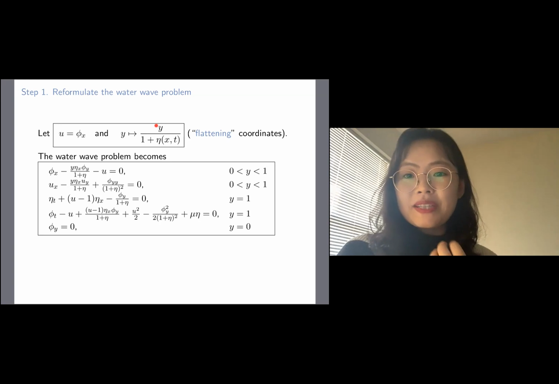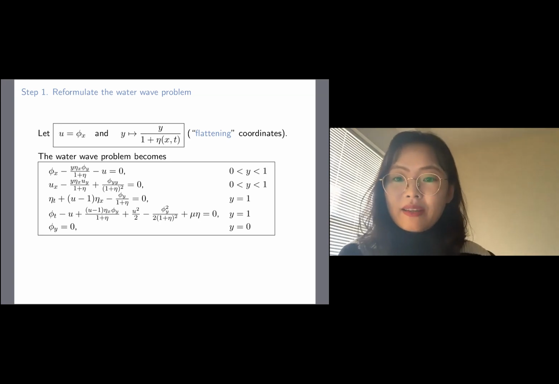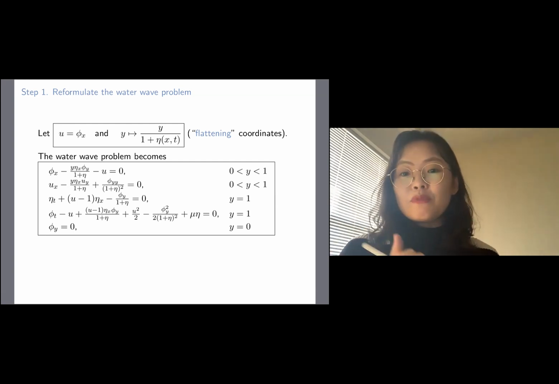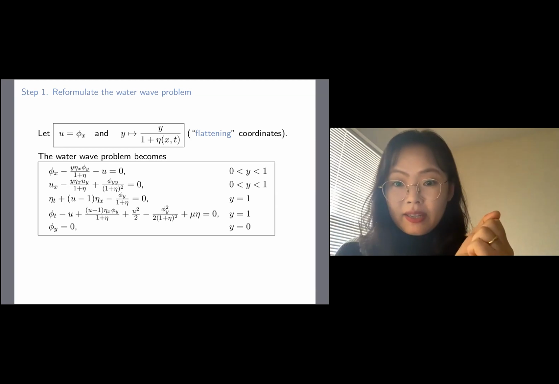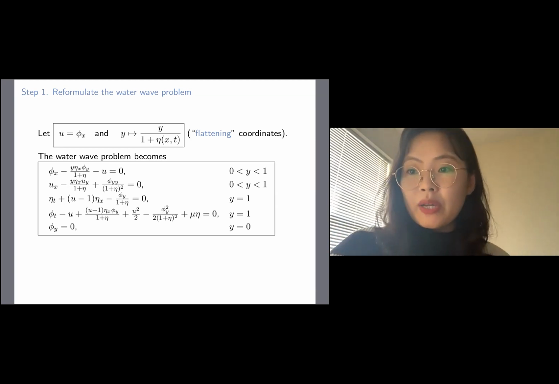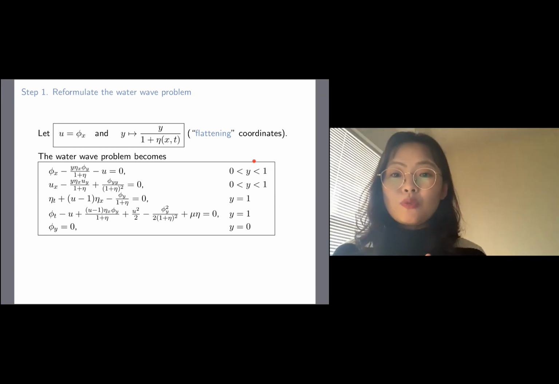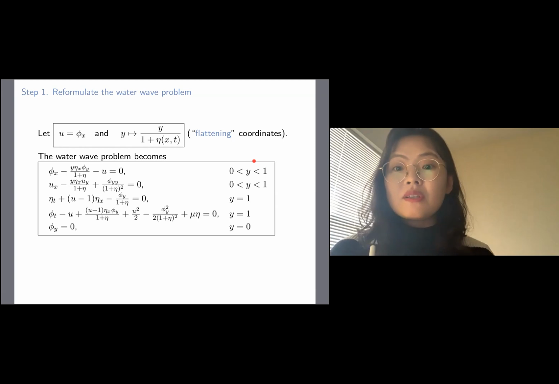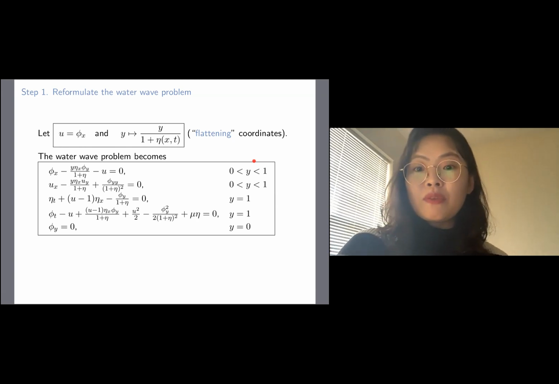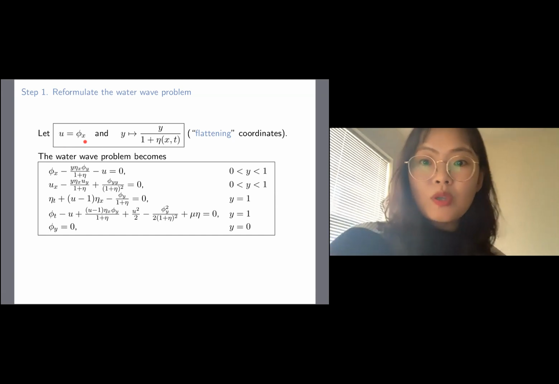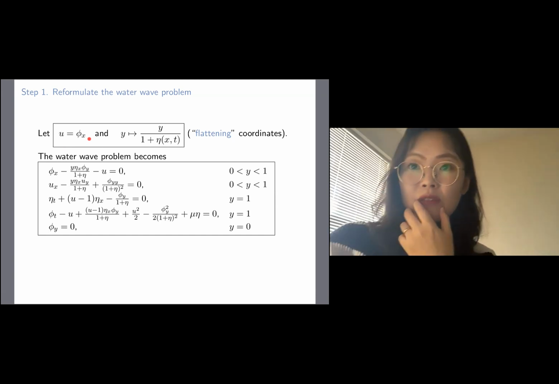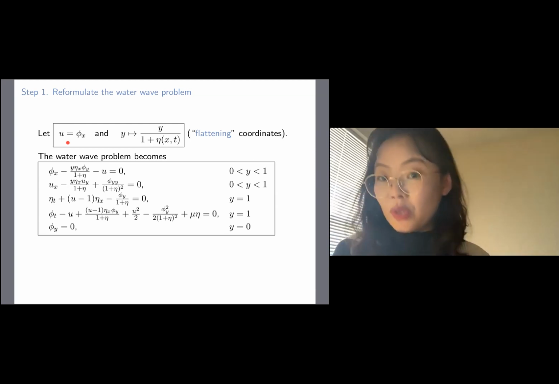Another thing that I want to say: we want to formulate our spectral stability problem as a first order ODE system with respect to the x variable, that's the direction of wave propagation. So we want to break the second order Laplace equation, that is the equation in the fluid domain, into a system of first order equations. For that purpose, I'm introducing U, which is partial phi over partial x, where phi is the velocity potential.